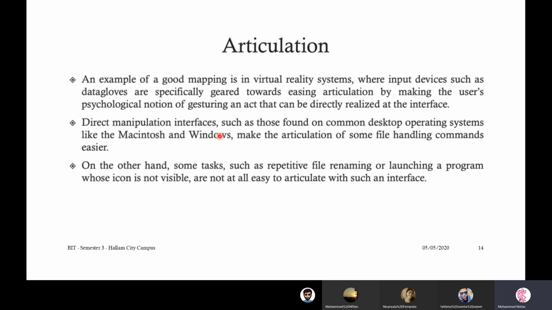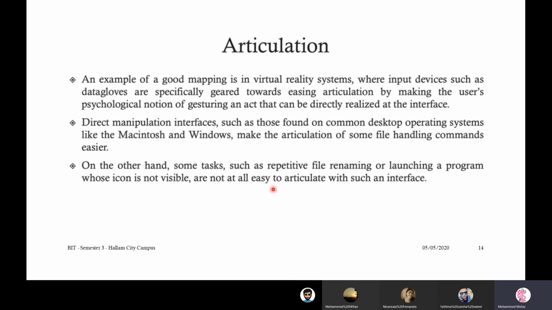So direct manipulation interfaces such as those found on common desktop operating systems like Macintosh and Windows make the articulation of some file handling commands easier. On the other hand, some tasks such as repetitive file renaming or launching a program whose icon is not visible are not at all easy to articulate with such an interface.